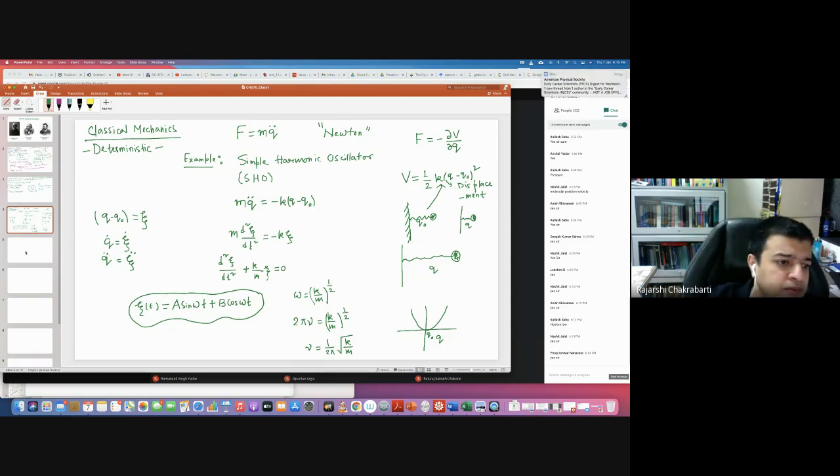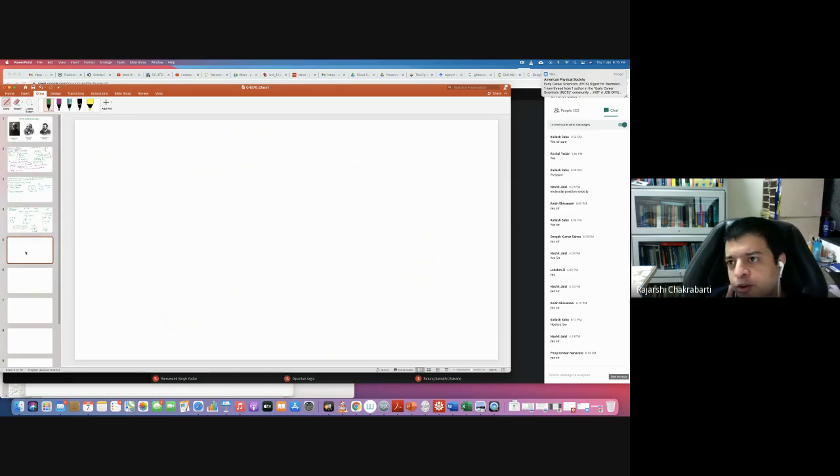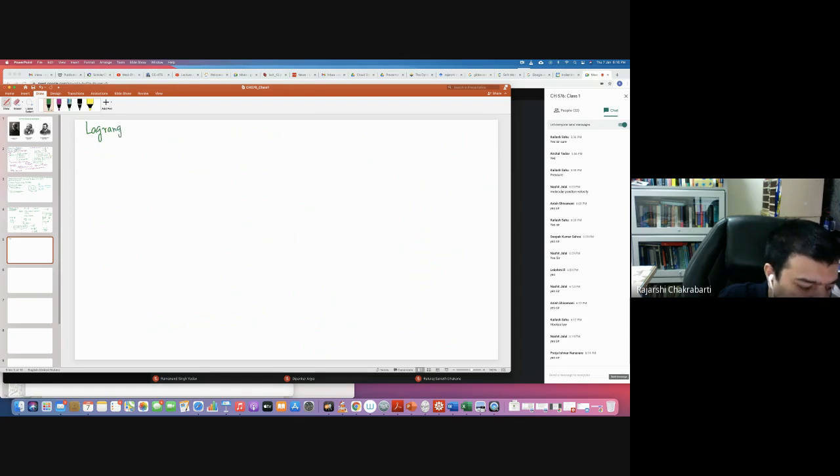Now Newton's description is not the only description of classical mechanics. There are at least two more descriptions, and here I'll talk about what is known as the Lagrangian approach.